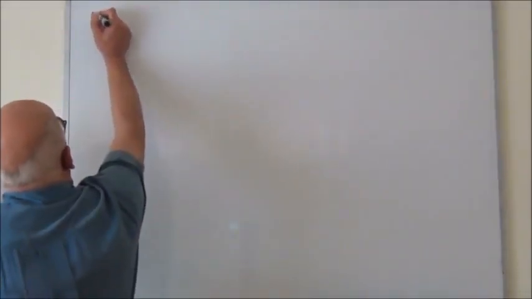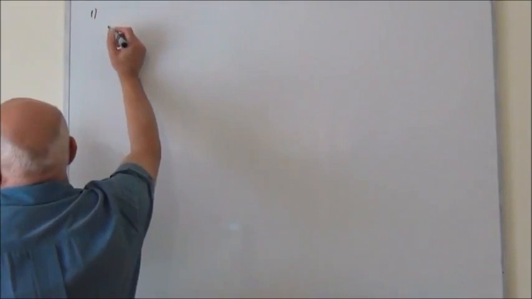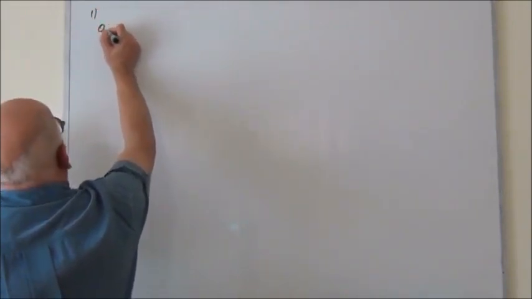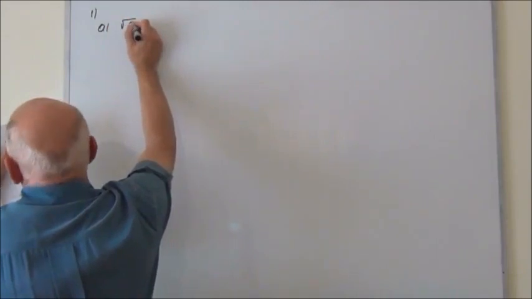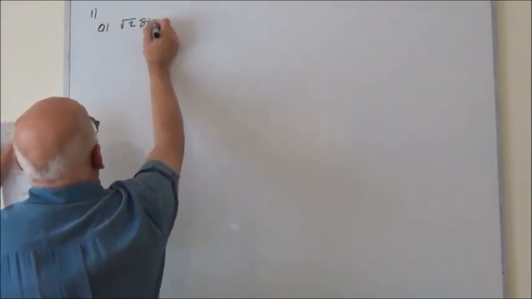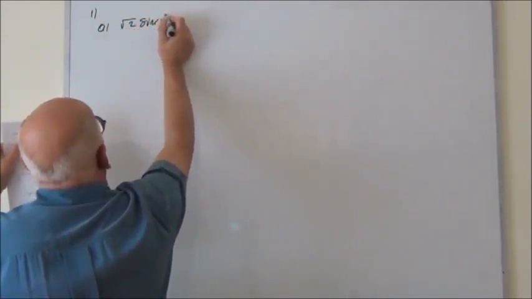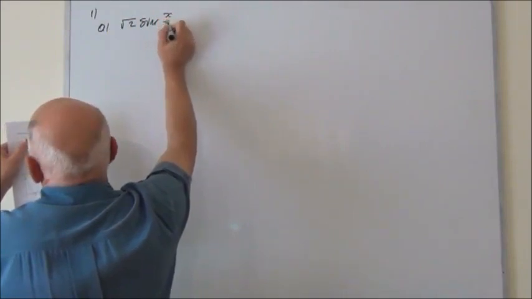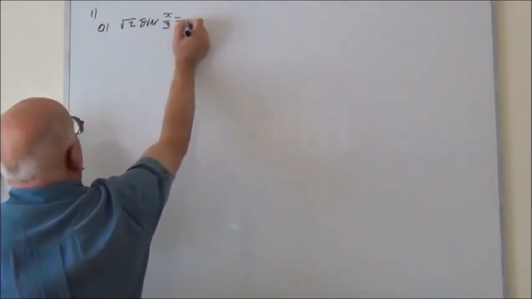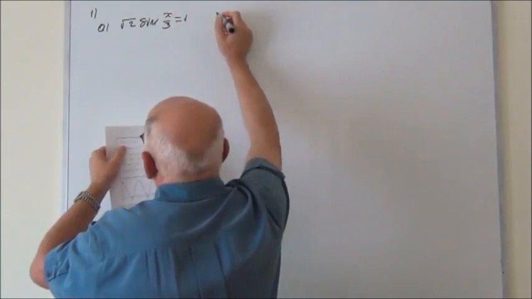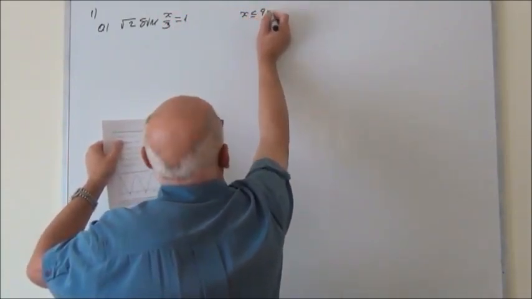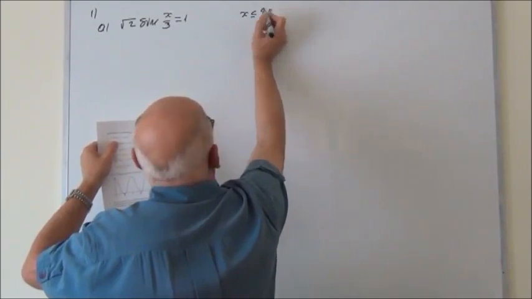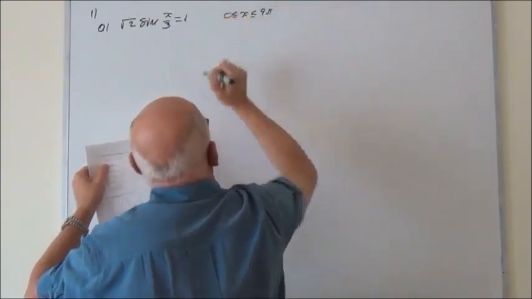Anyway, question under A. So we are solving question 1, and A is square root 2 sine x on 3 equal 1, and x is between 9 pi and 0.